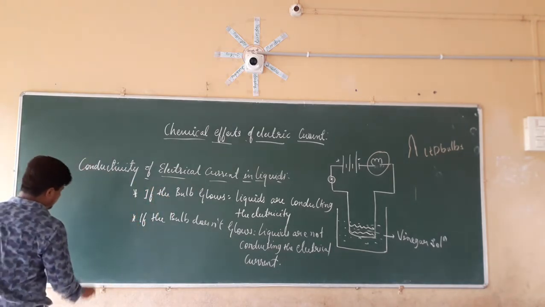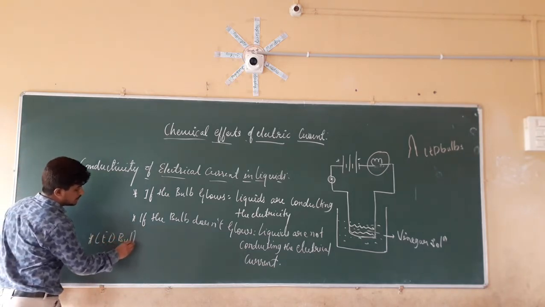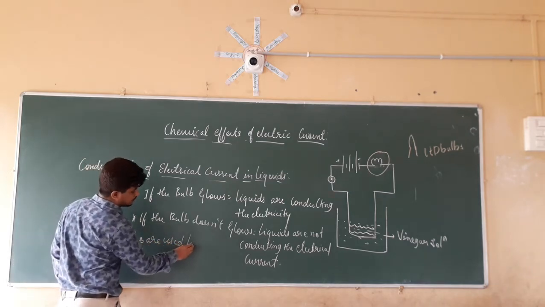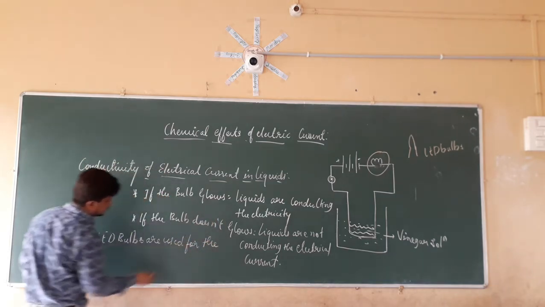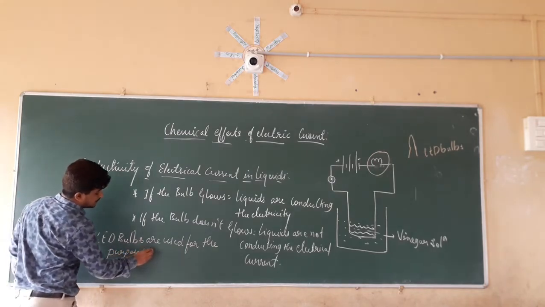So here we can see that LED bulbs are used for the purpose of checking weak currents.